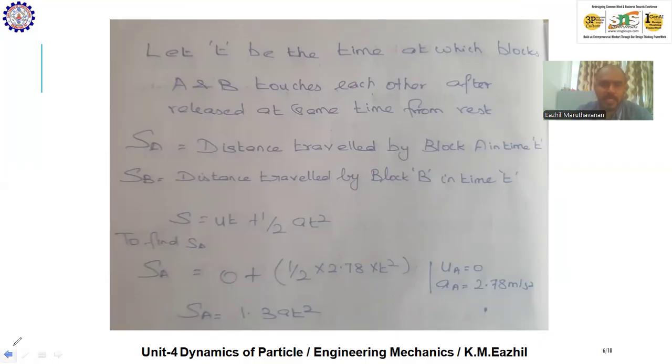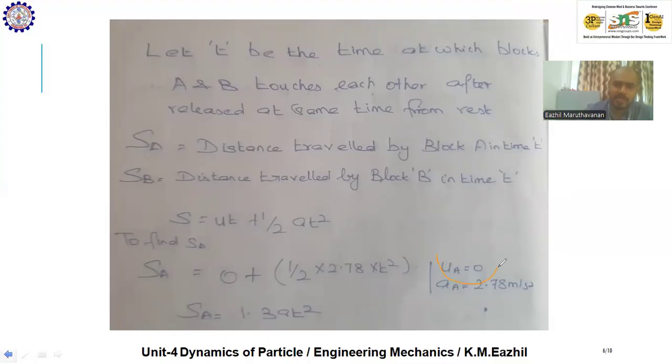So we can consider t for both cases. When we substitute that, S_A is equal to, since it starts from rest, the initial velocity is 0. The acceleration we have calculated for block A, we can substitute, S_A is equal to 1.38 t square.